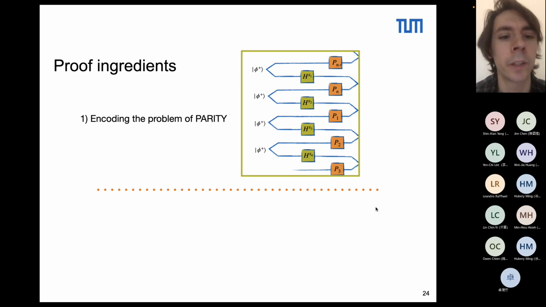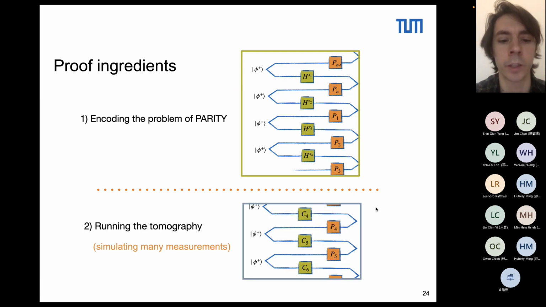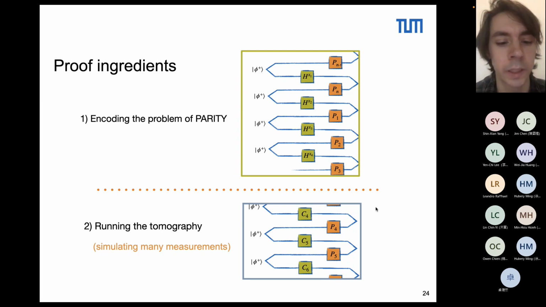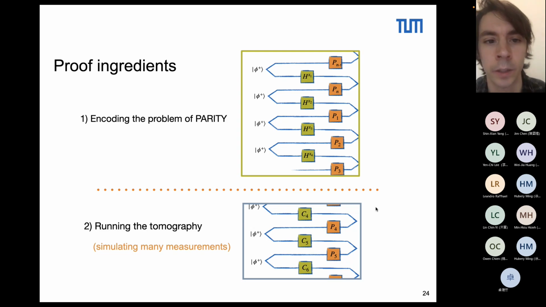One part is going to encode the problem of parity, and the second part is going to run the tomography. The idea of tomography is you make multiple measurements to be able to identify what's here. It's a state tomography, to identify what state it is. And in our case, we're going to use classical simulation to simulate many measurements made on the quantum circuit.